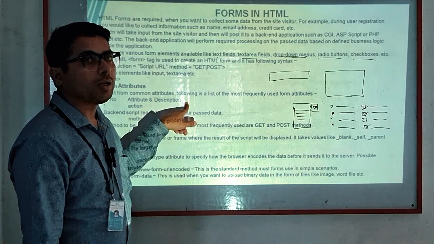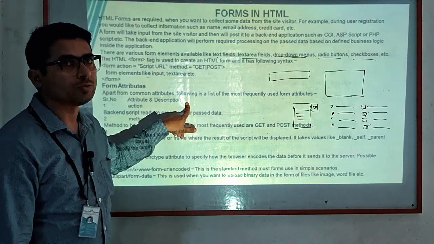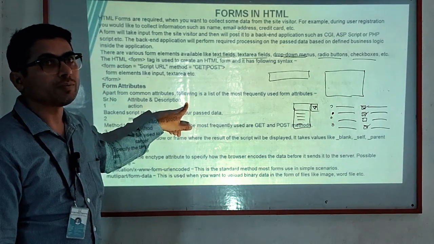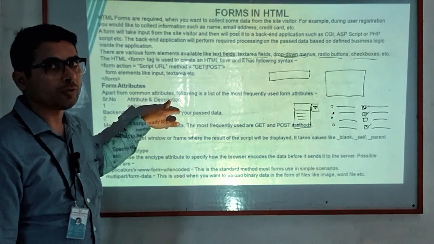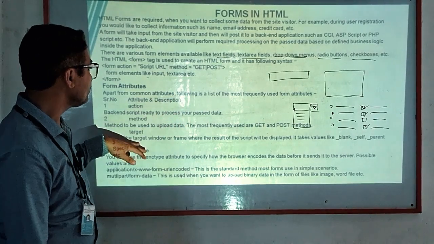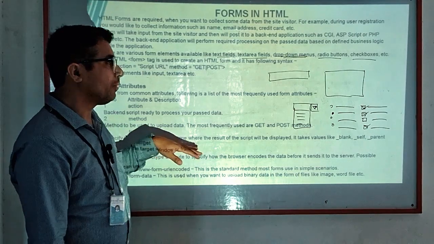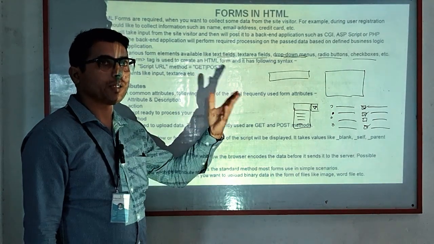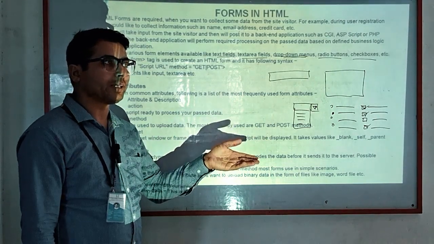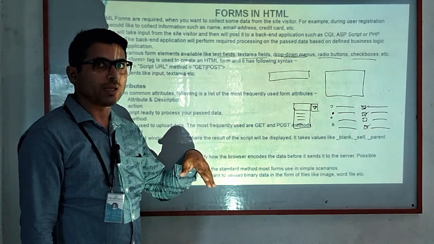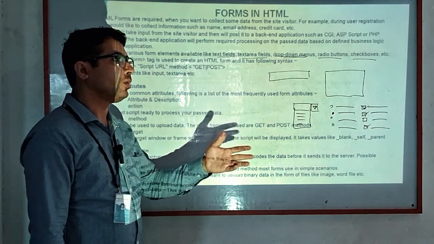Like in the previous part, we have understood the target in hyperlinks. Again here, after submitting, where will the page go? Will it open in the same window, or in a new window?